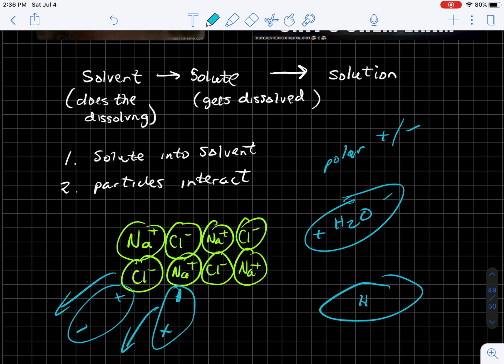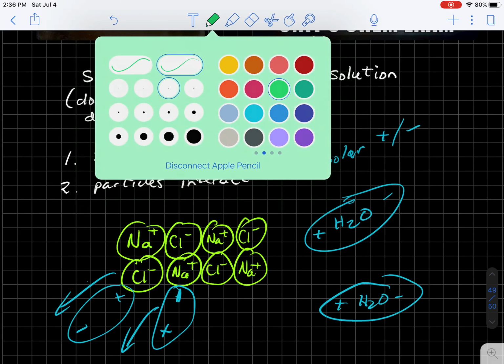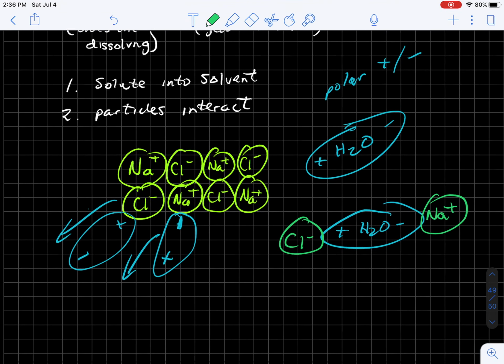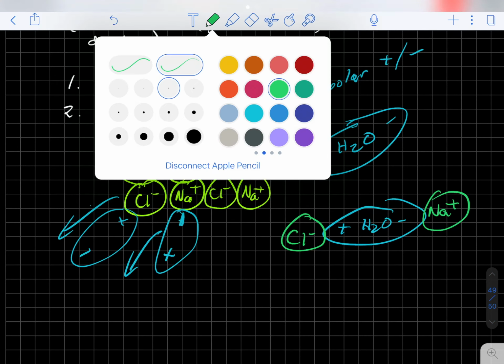So really, water has a job to do in this. As a solvent, there's a negative end and a positive end. So each water molecule can attract a chloride ion on one side and a sodium ion on another, and then separate them. So we have this particle interaction where the polar molecule dissolves the polar crystal.